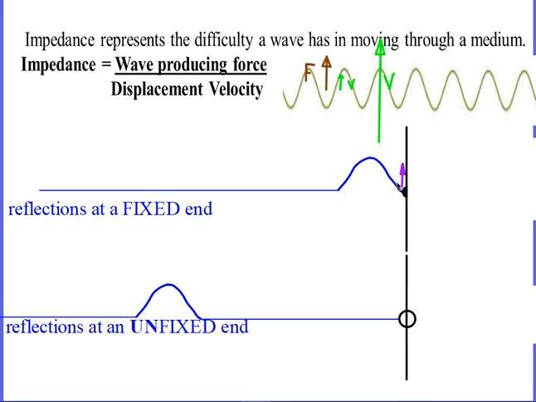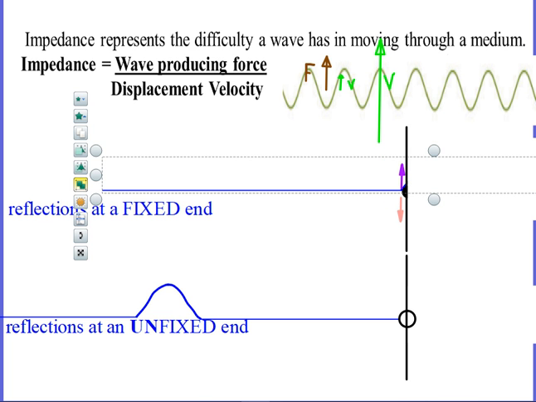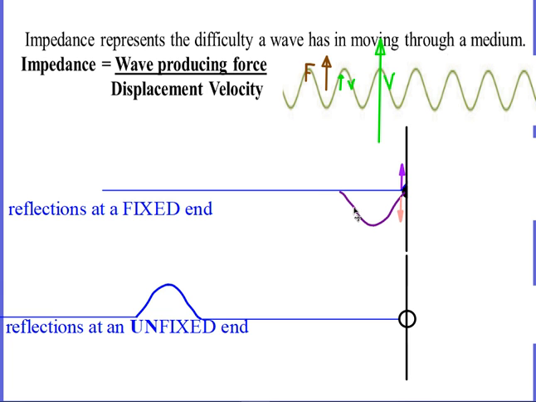But what happens is the wave with its displacings tries to push the medium up, and there is a reaction force from the fixed end, and it is as if that reaction force is the source of waves, and the reflection you get is an inverted reflection. You must learn that.